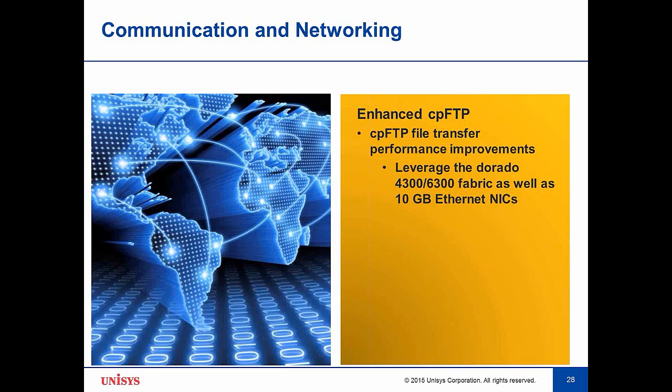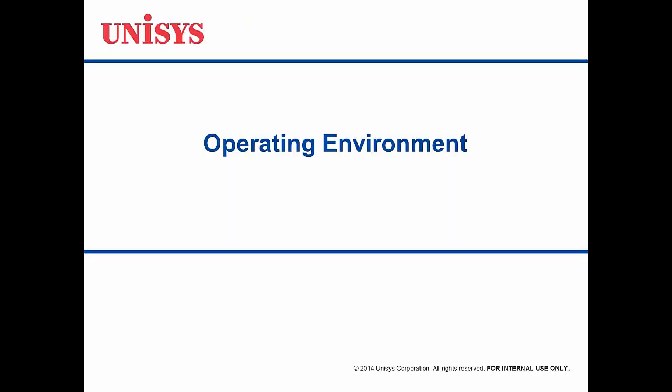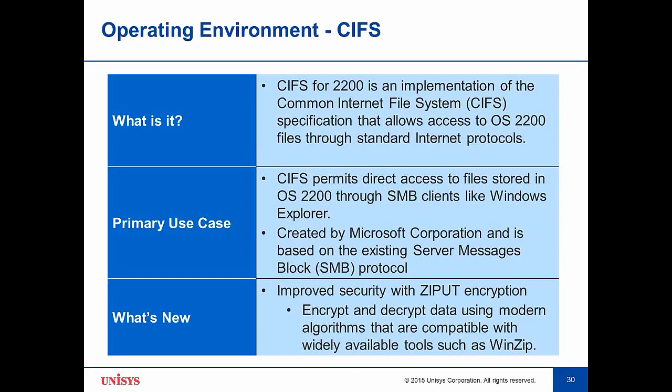And now let's talk about enhancements to the operating environment. CIFS for OS 2200 is an implementation of the Common Internet File System specification that allows access to OS 2200 files through standard Internet protocols. In this release, as Glenn mentioned, we've added an encryption capability to the CIFS ZipUT utility, allowing customers to encrypt and decrypt data using modern algorithms with enhanced compatibility.